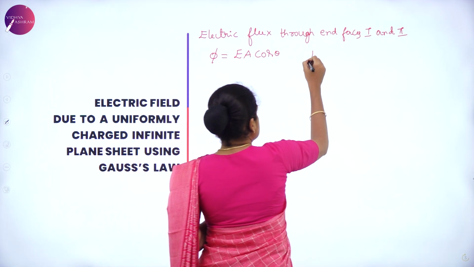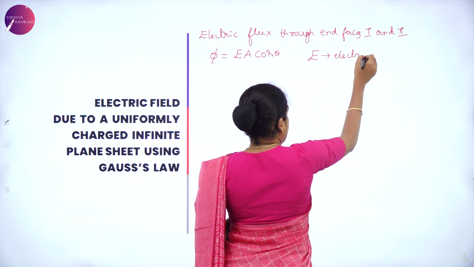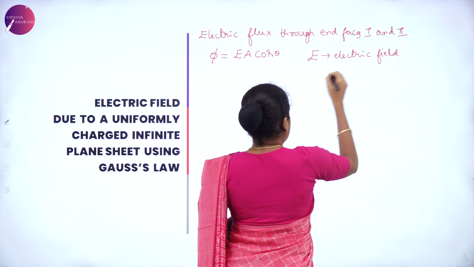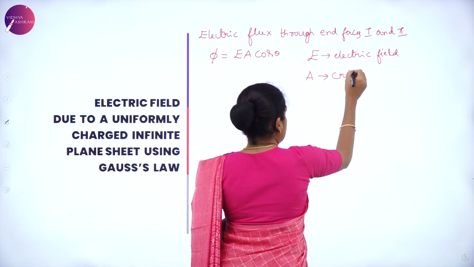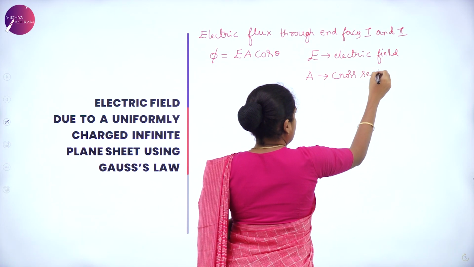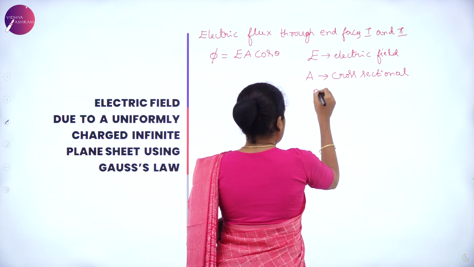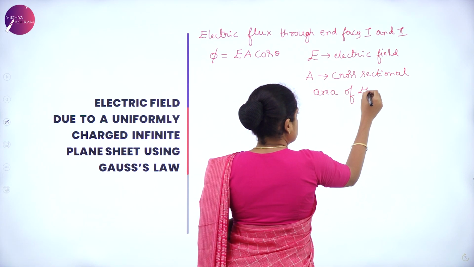where E is the electric field and A is the cross-sectional area of the Gaussian surface.